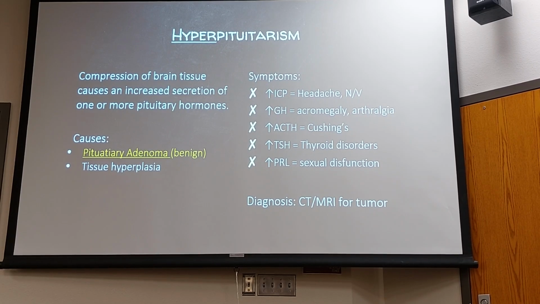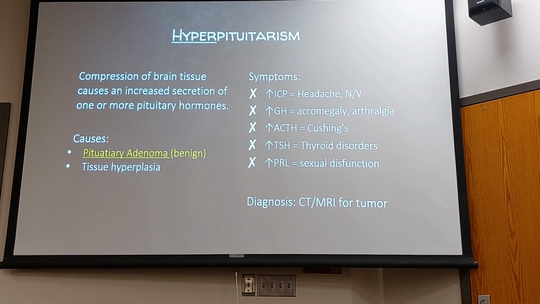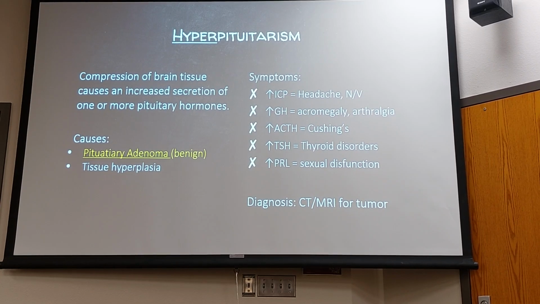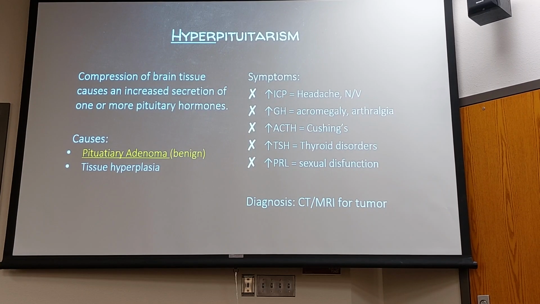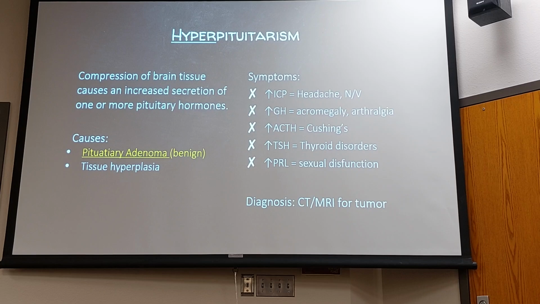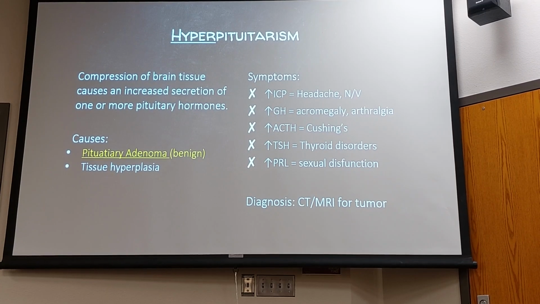And then the adrenocorticotropin hormone, that's Cushing's disease. When we talk about adrenals later, this is why that's an issue if it's stemming from a problem with the pituitary gland. So it can develop into a Cushing syndrome. And then we have increased thyroid disorders and increased thyroid stimulating hormone.